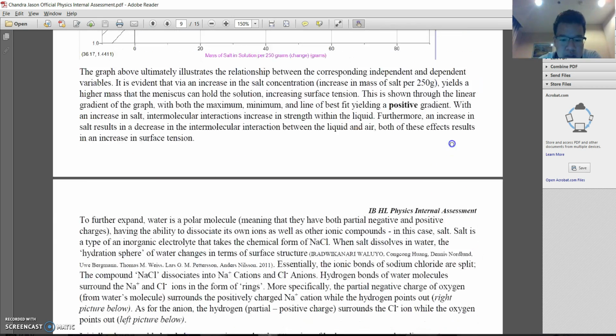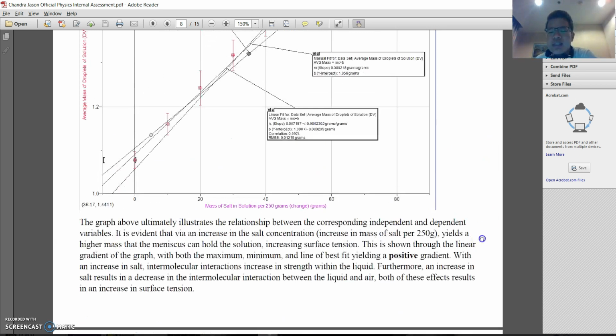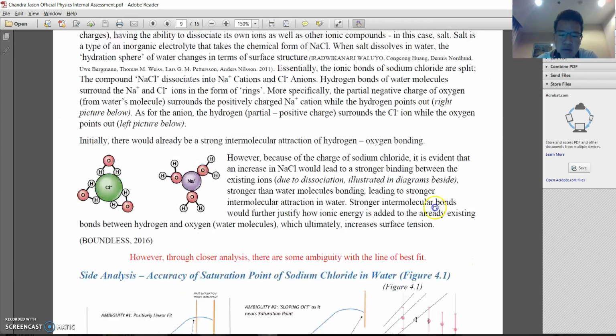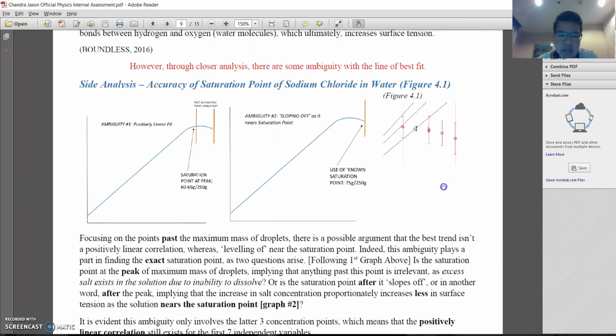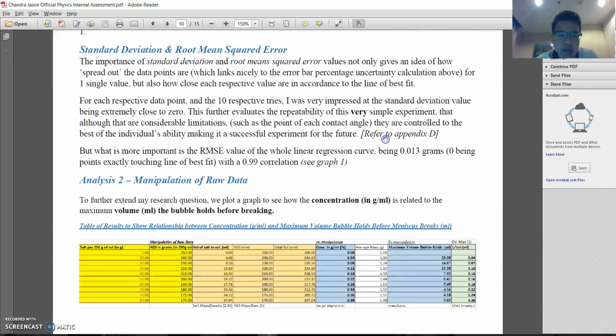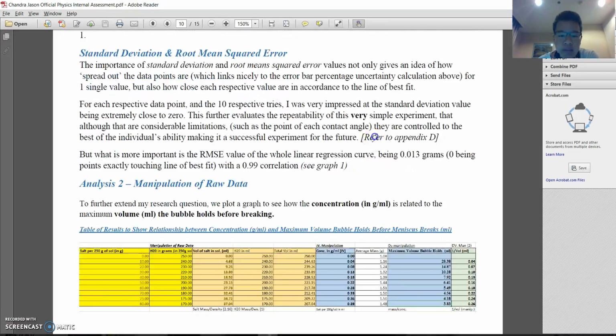And then do a bit more research. See, this is the hard bit because I can't teach you what to do. So basically, state why your hypothesis was correct or not, and then do a bit more analysis. I did some side analysis, but I don't think you need to do that. I even stated, if you have some space, do the standard deviation and root mean squared error.